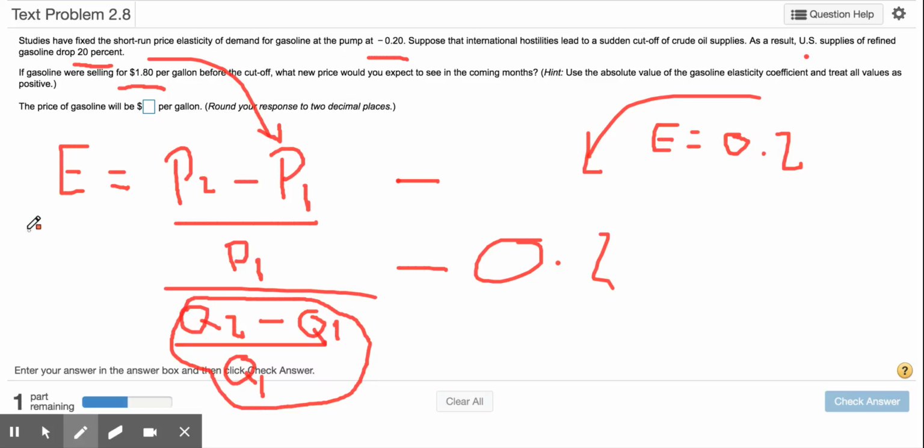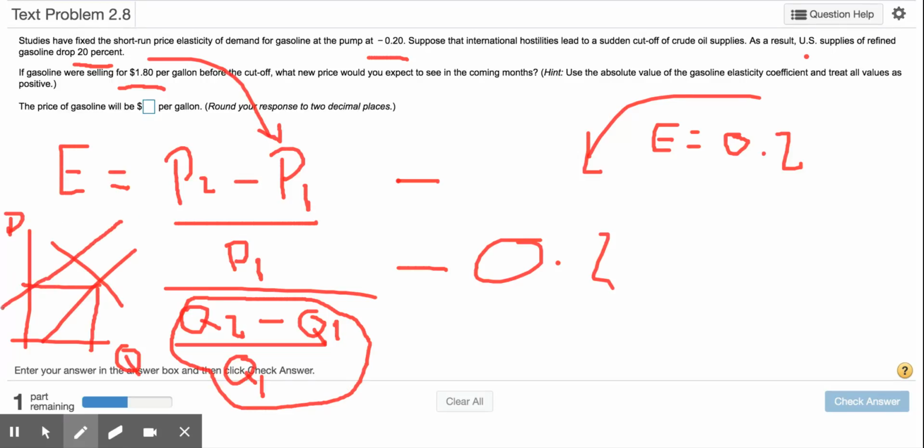Let's assume that this is the demand, the supply, this is like the equilibrium, 1.8. This is quantity, price. As a result of the embargo or hostilities, the supply dropped 20%, right? So basically, quantity decreased 20%.